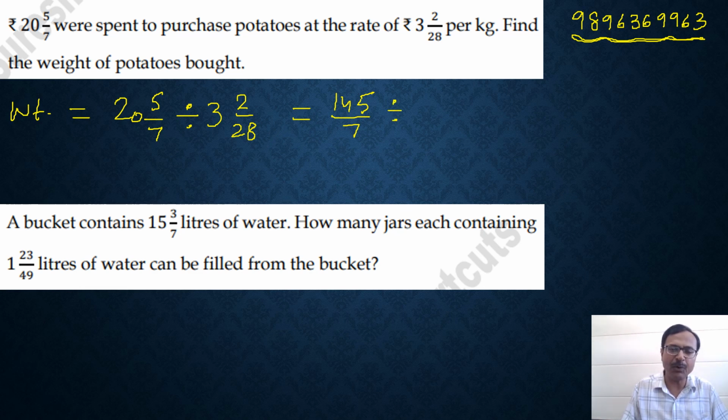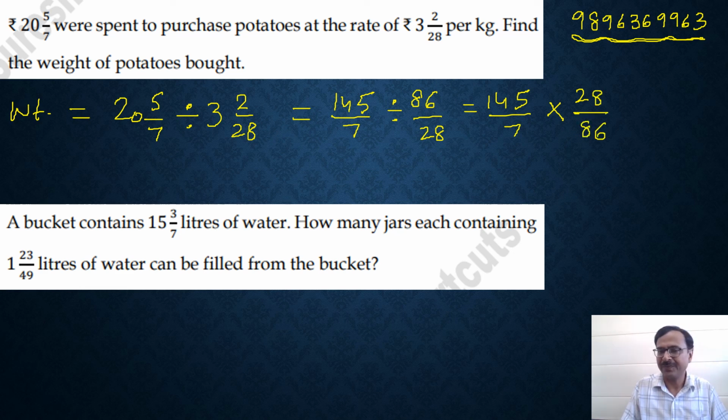32 2/28: 3 times 28 is 84, plus 2, 86. So 86/28. And how do you carry out the division of fractions? You convert the division into multiplication and take the reciprocal of the second fraction. So 7 cancels 28 4 times.